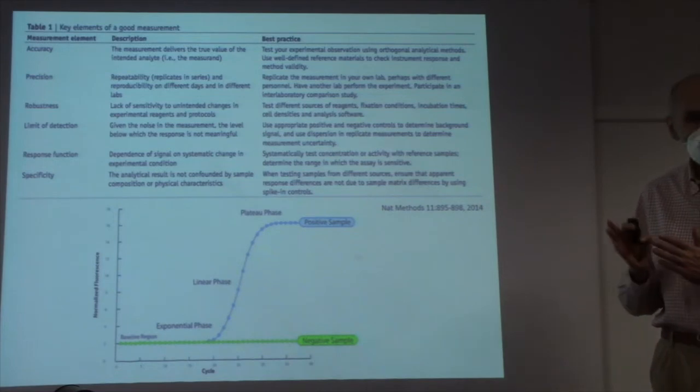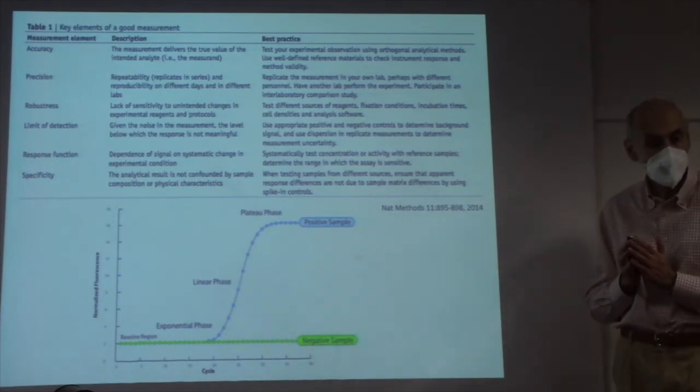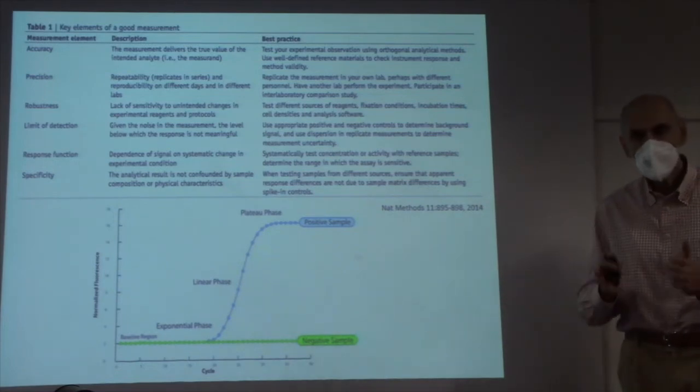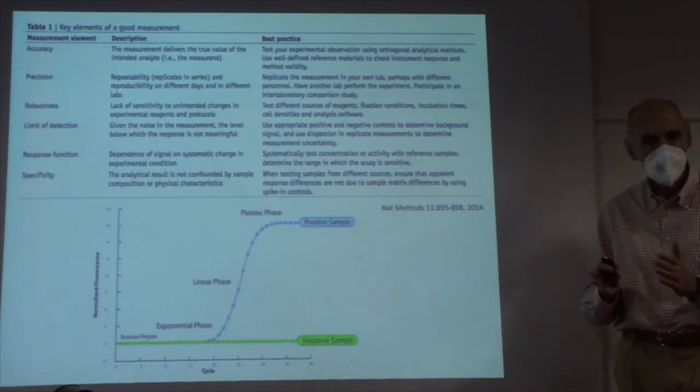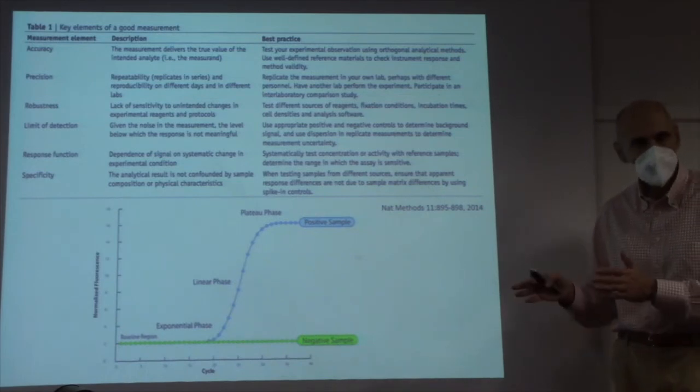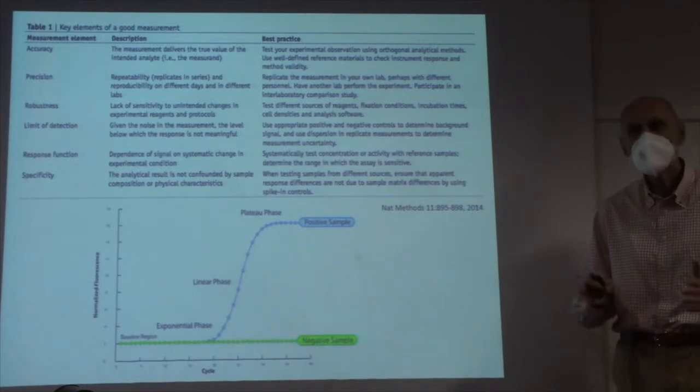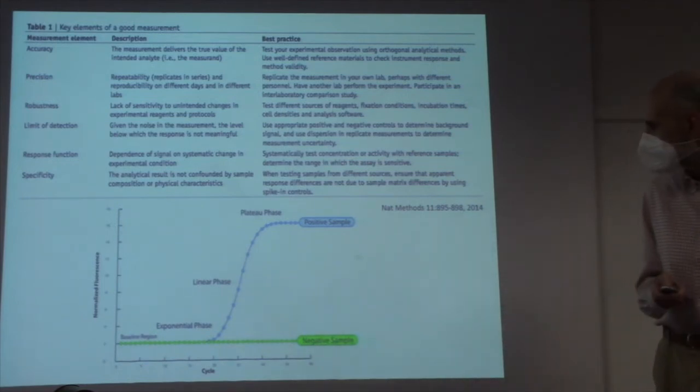So the linear relationship is here. The amount of DNA in the amplicon doubles, fluorescence doubles. The amount of DNA triples, fluorescence triples, and so on.